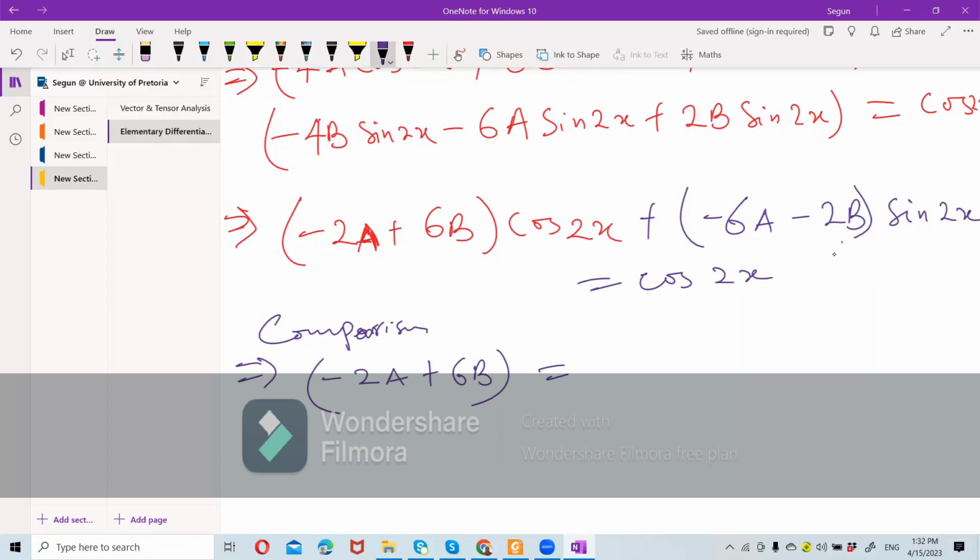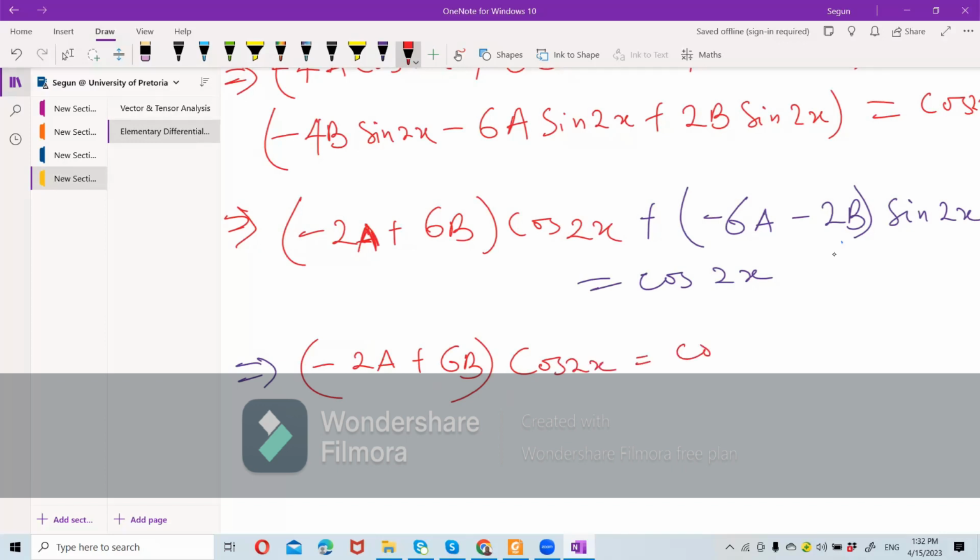Cos 2x divided by cos 2x is 1. Remember that. Maybe I should still use my red. Some people are still confused. Minus 2a plus 6b times cos 2x equals cos 2x.